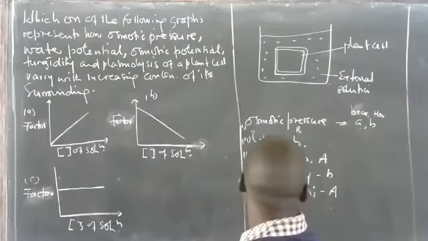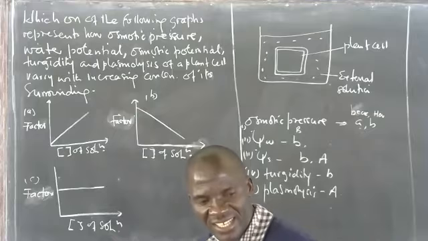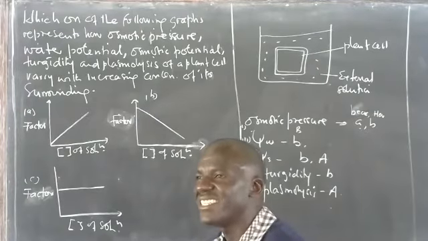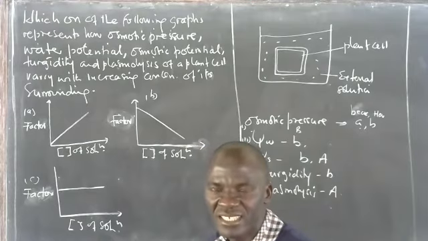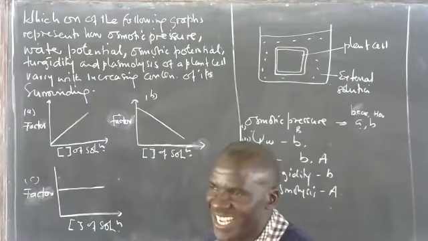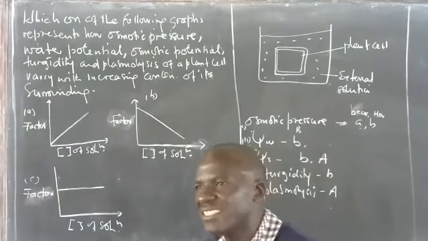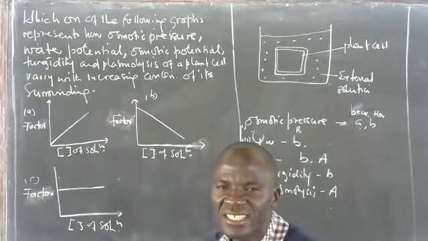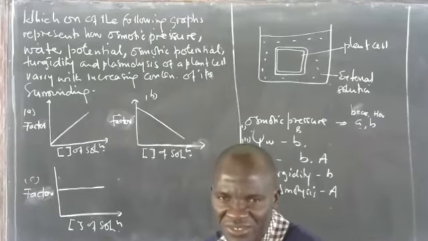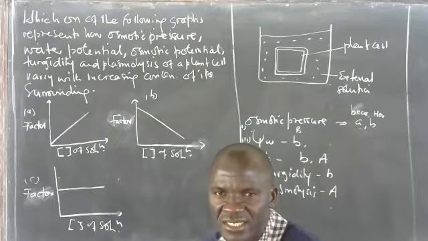Okay, that's Heaven. Heaven is saying the higher the osmotic pressure, the lower is the cell's ability to lose water. Yes, that's true. If a cell has higher osmotic pressure, its ability to lose water is low, but its ability to gain water is high. That statement is correct.